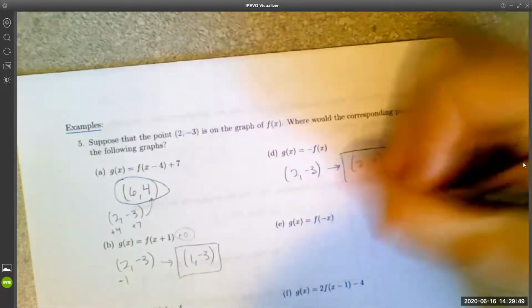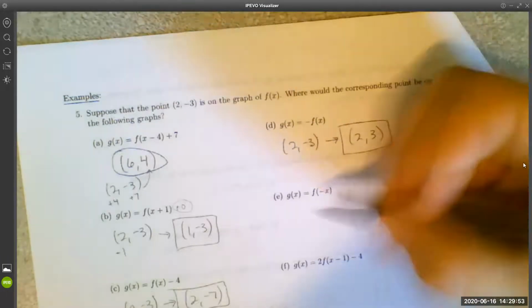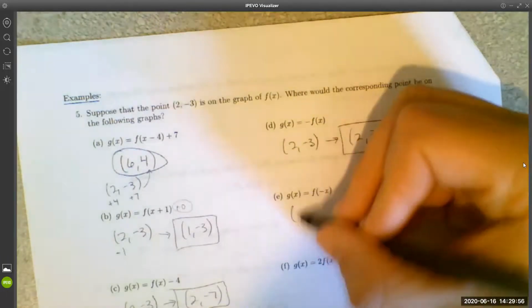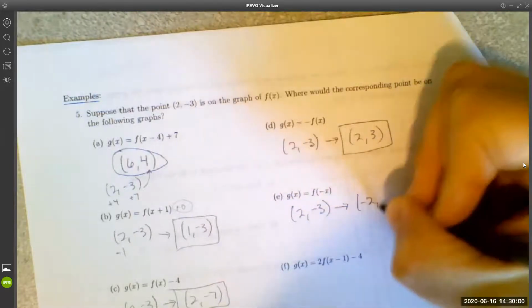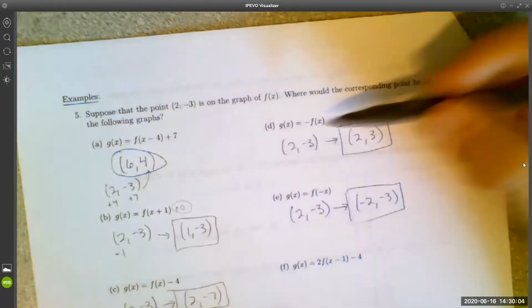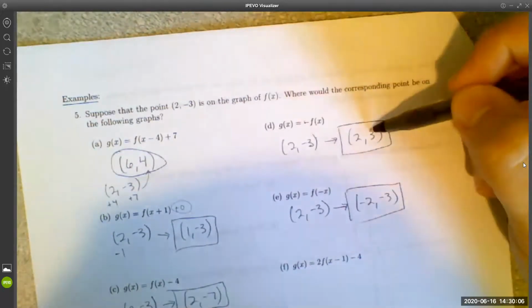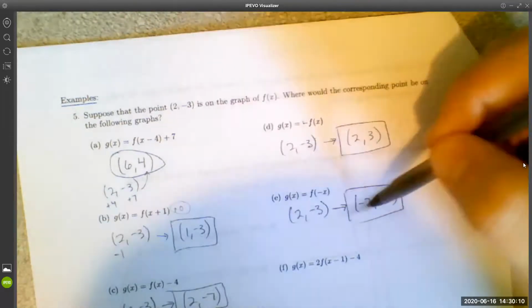You change the sign of the y coordinate. When the negative is on the inside of the parentheses, then you change the sign of the x coordinate. So (2, -3) is going to land on (-2, -3), right? So when the negative is on the outside, you change the sign of the y coordinate. When the negative is on the inside, you change the sign of the x coordinate.